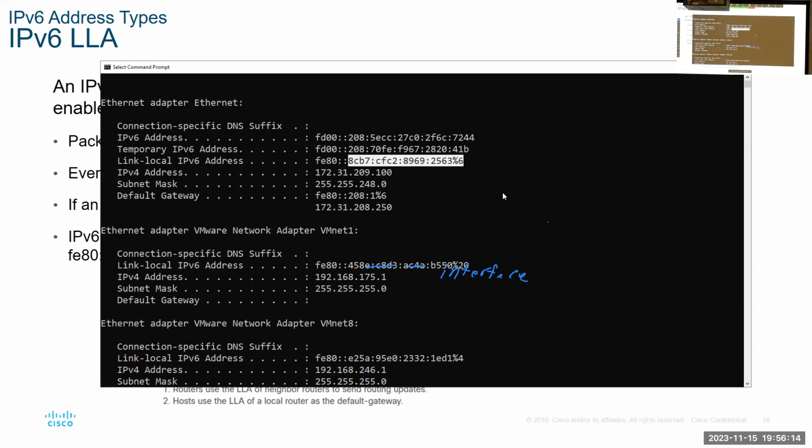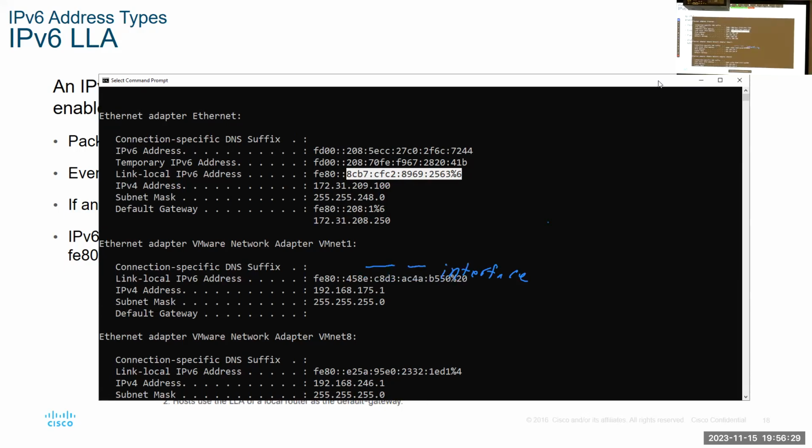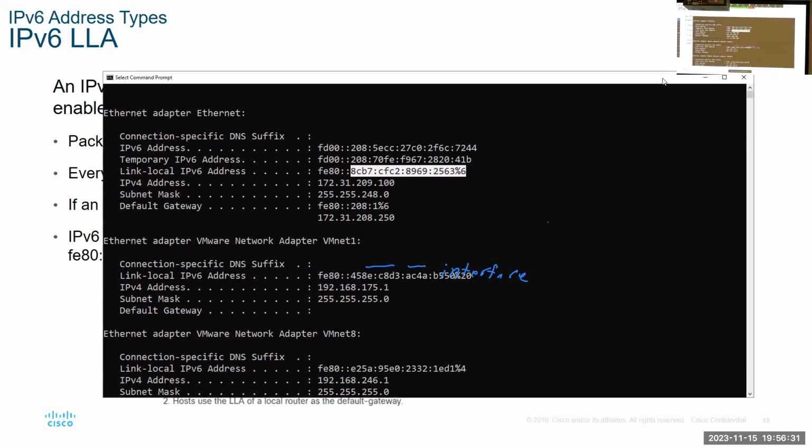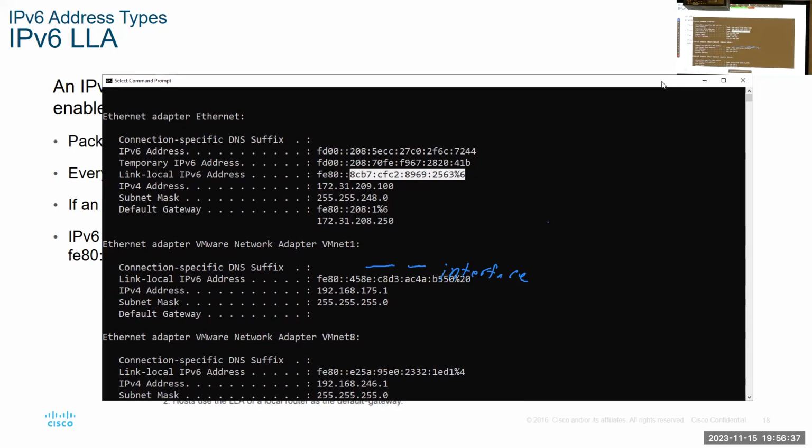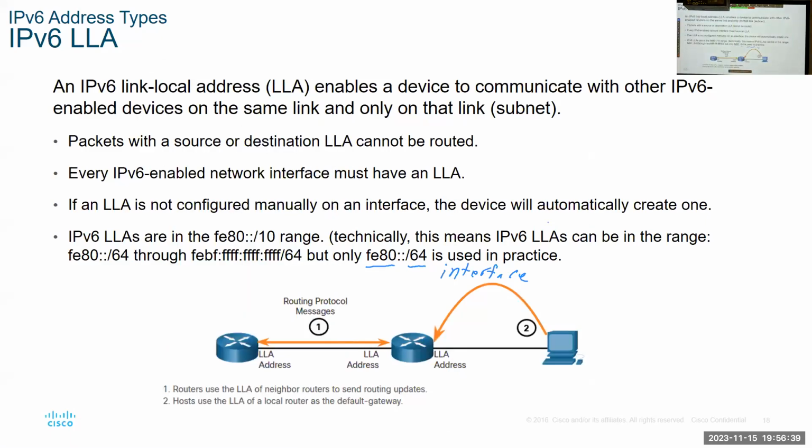Now, Linux and other devices use what's called EUI-64, which we'll see in a second what that means. But Windows does it like this, although you can tell Windows, there's a command to tell Windows to use the EUI-64 method, which I kind of like better because you can see what the MAC address is in the IPv6 link local address, but Windows doesn't do it that way.